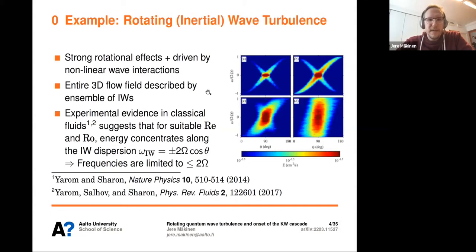As I mentioned in the previous slide, this entire flow field has been suggested to be describable by an ensemble of inertial waves.